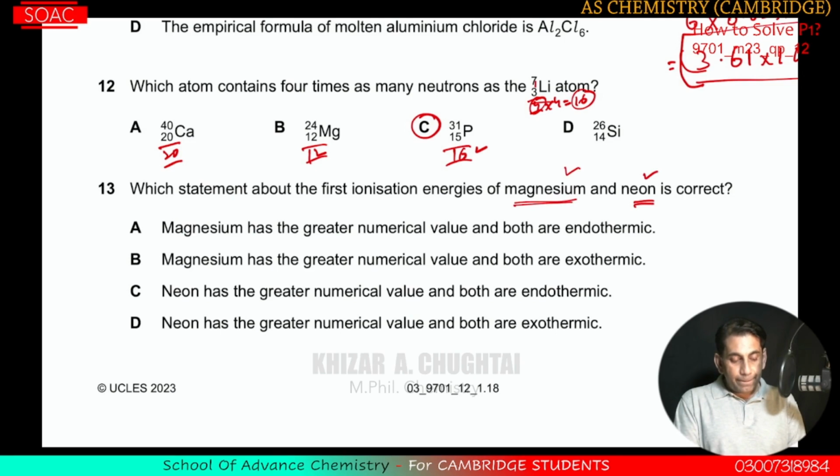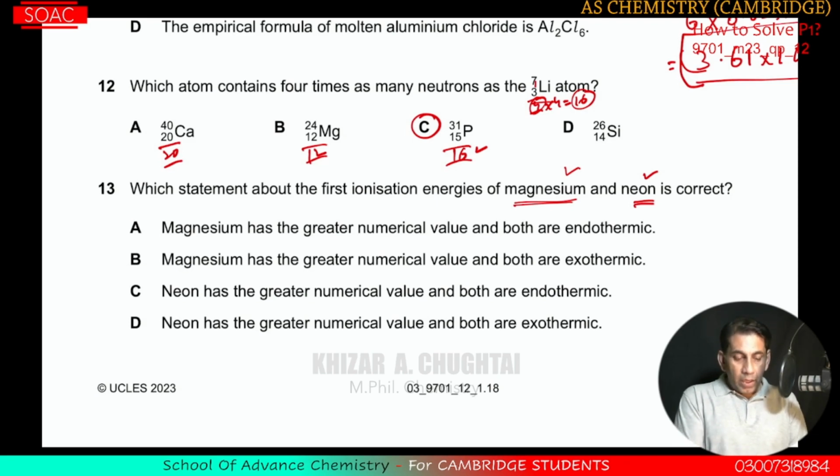Neon has a stable octet, it's a noble gas with a stable electronic configuration, so it will resist whenever you remove an electron from its last shell. Moreover, it has a higher atomic number, more nuclear attraction and so on. So neon has the higher first ionization energy.